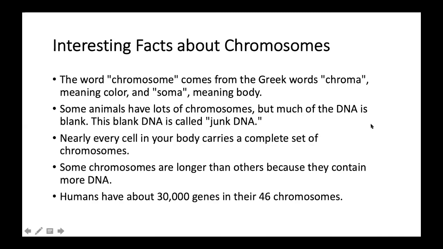Each cell of your body carries the whole set of chromosomes. Some chromosomes are longer than the others because they contain more DNA. And in total, humans have 46 chromosomes made by genes and alleles that we are going to discuss later.